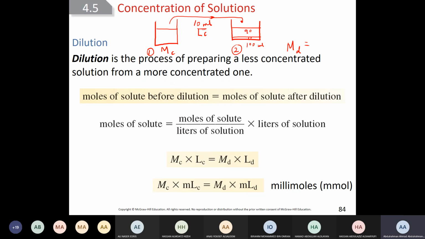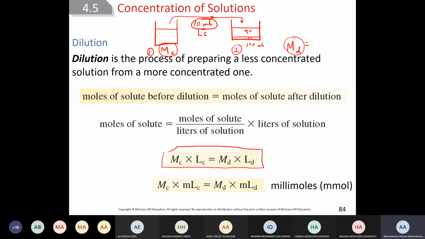In order to do this, you multiply MC times the volume that you took, which is 10, and this is equal to the new concentration MD times the volume, which is 90 plus 10, which is 100. If I give you MC as, let's say, 0.37 molar, anything, is this clear, by the way?